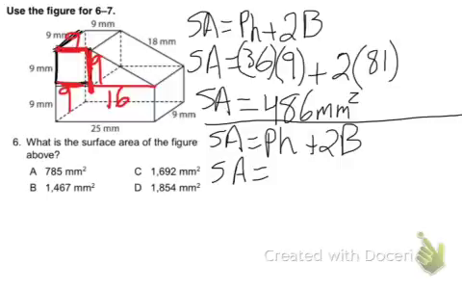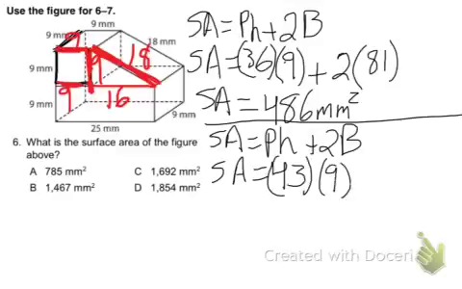No, we need the perimeter first. I'm sorry, perimeter first. So 16, 9, and 18. You add those up, you get 43. So 43 times the height of the prism, it goes back 9, plus 2 times the area. The area is 16 times 9 divided by 2. I'd probably take half of 16 first, which makes it 8 times 9, which is 72.